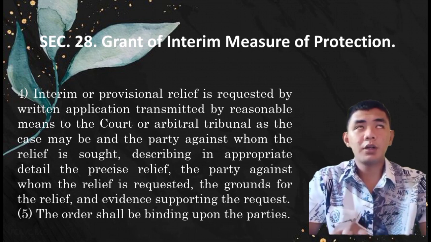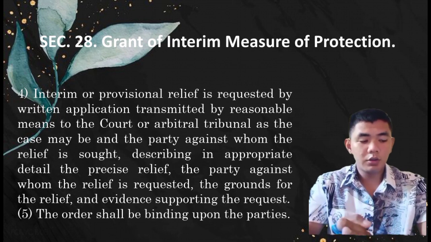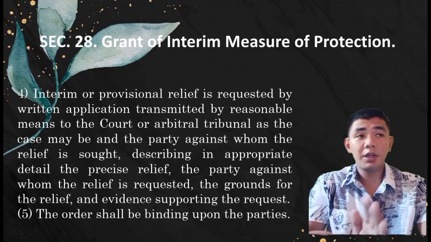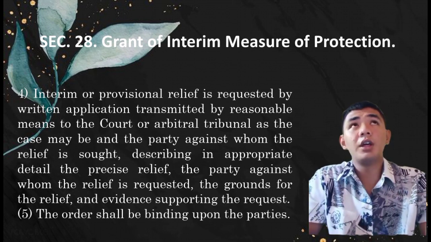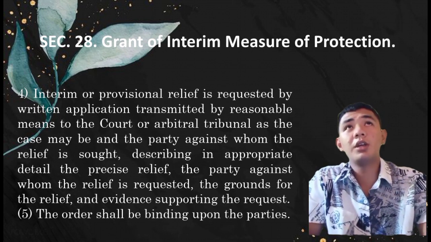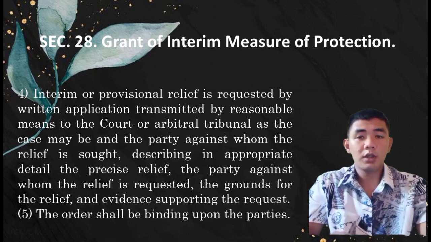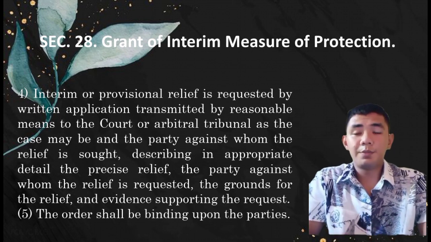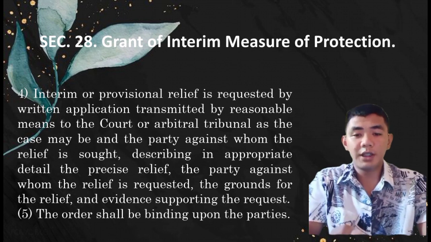The purpose of paragraph 4 is that if you request a grant of interim measure protection, it should be in a written application so that the court or the arbitral tribunal will acknowledge your concern. In paragraph 5, the order shall be binding upon the parties.